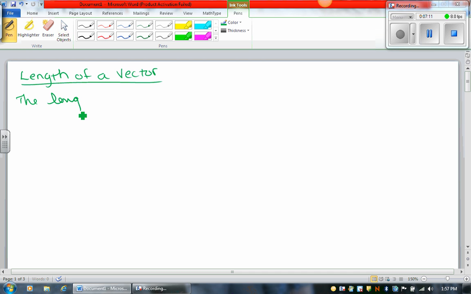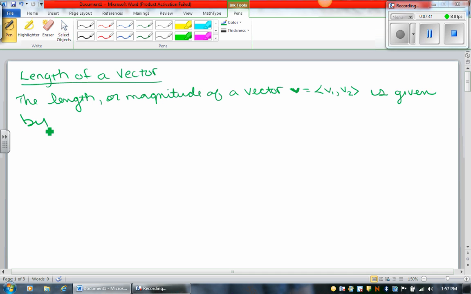So the length or magnitude of a vector v, with components v1, v2, is given by, and so here's what we're going to use.